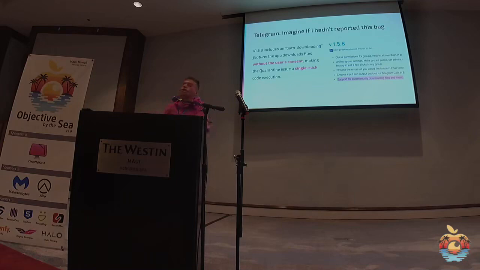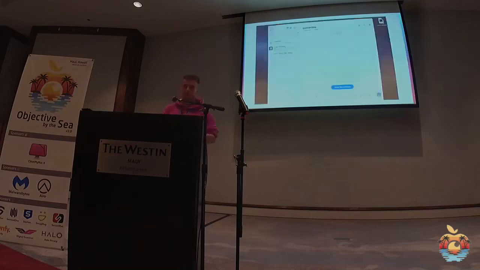An important thing is that when the user opens the file, they don't actually open the file, they click on the icon. It's important to understand this: they click on the icon, they don't actually open the file. It's a different user experience.